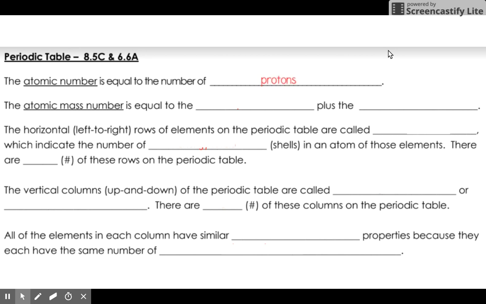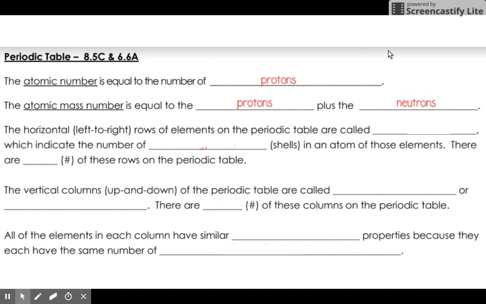The atomic mass number is equal to the number of protons plus the neutrons. Both of these subatomic particles are in the nucleus. To get the mass, you just add them up, and you receive your mass number.